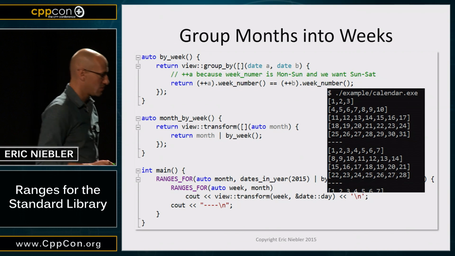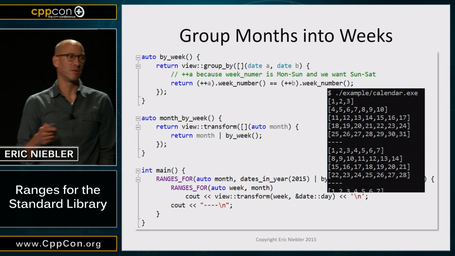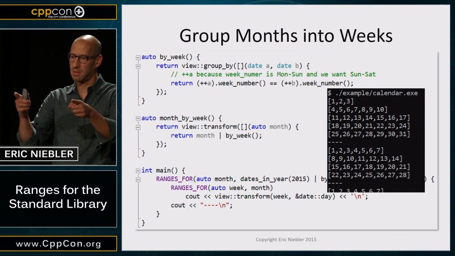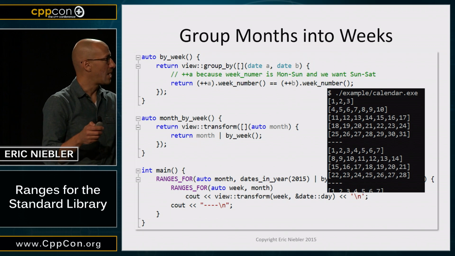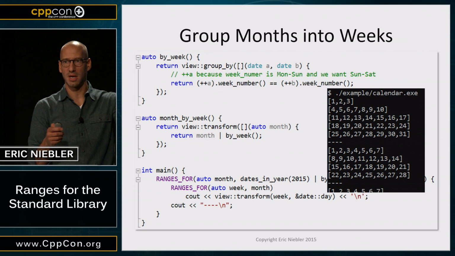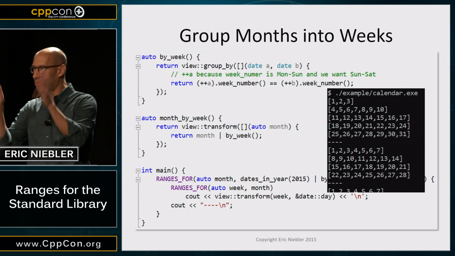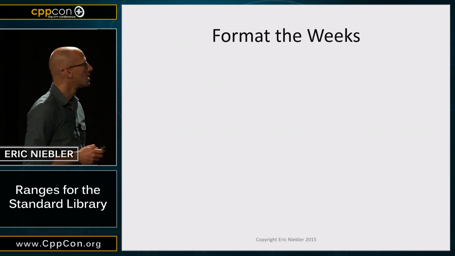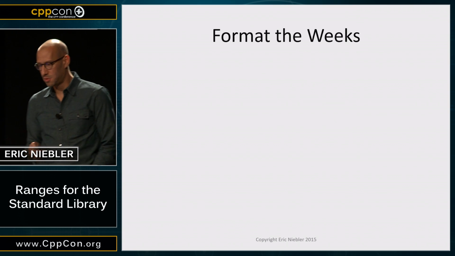So this is what we have so far. We're going to have to do string formatting now. In particular, we certainly will need to put each day into a field, say like 3 characters wide, and we're going to have to put some white space at the front of the first week of each month. Once we do that, things are going to line up and look quite a lot like a calendar. So I hate string formatting, so I use a library to do it, and it's boost format.